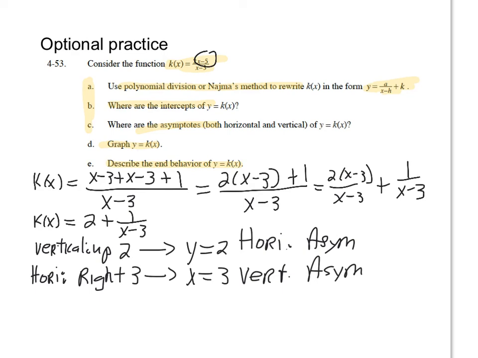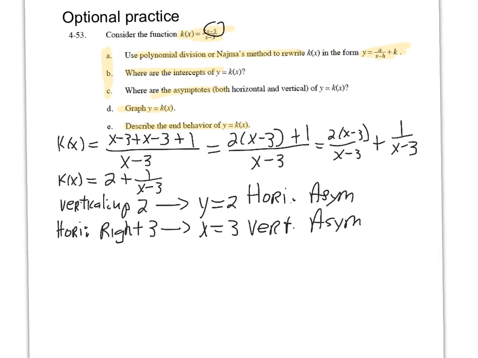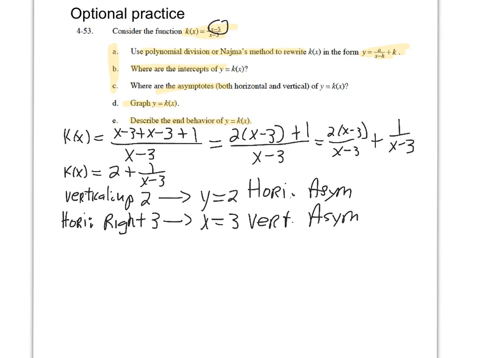What about the intercepts? Let's use the rational expression form.